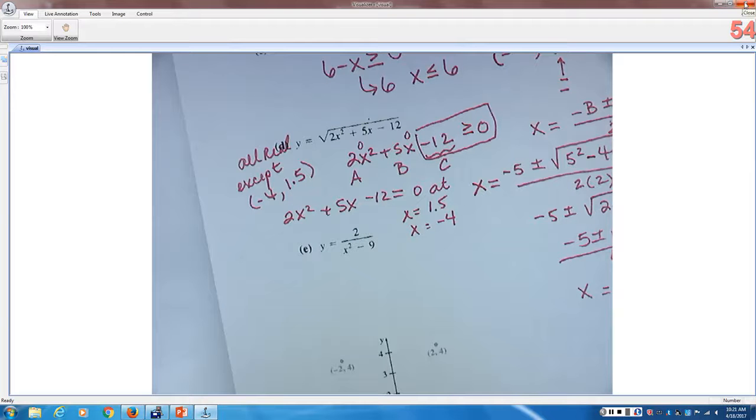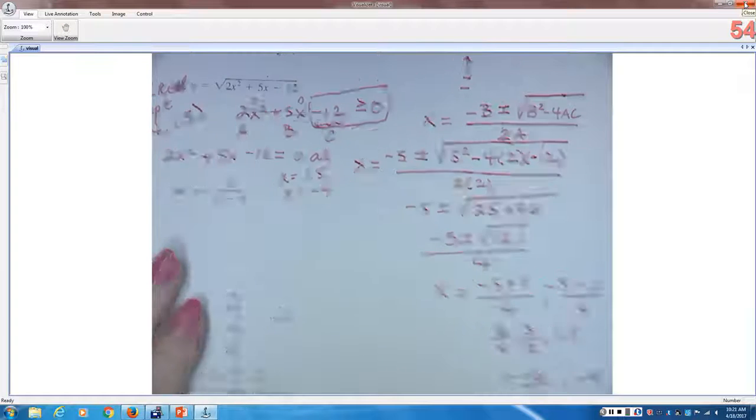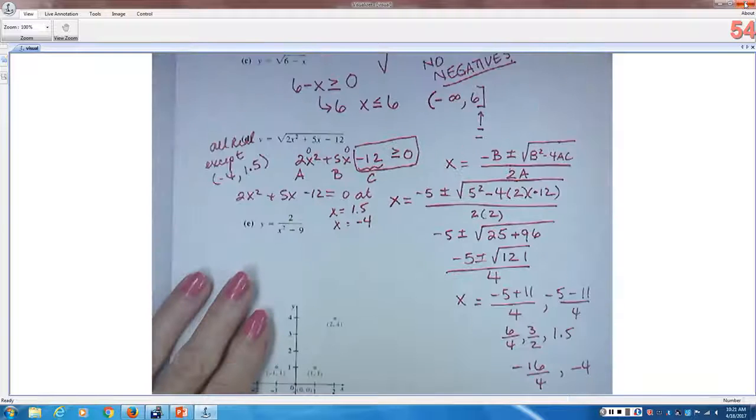Shift that a little bit. Yeah. That better?